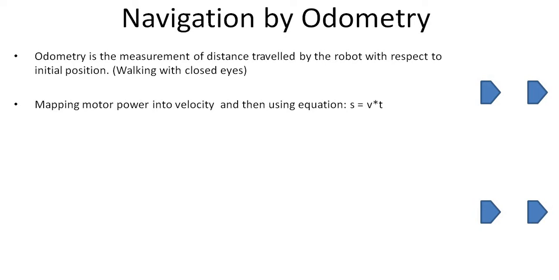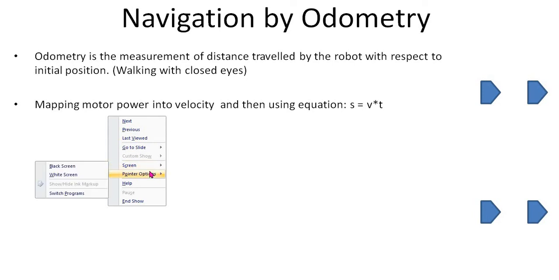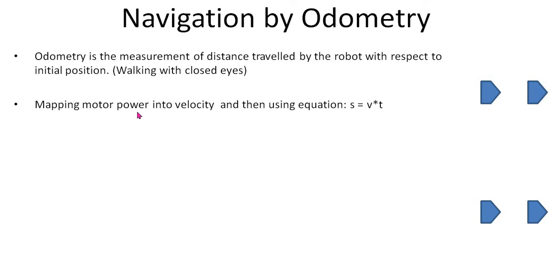Mapping motor power into velocity and then using an equation. One of the simplest ways to calculate the distance traveled by a robot is using the equation of motion. So how do we do that? We calculate the power consumption of the motor, and then we try to relate how much velocity there is for this specific power.